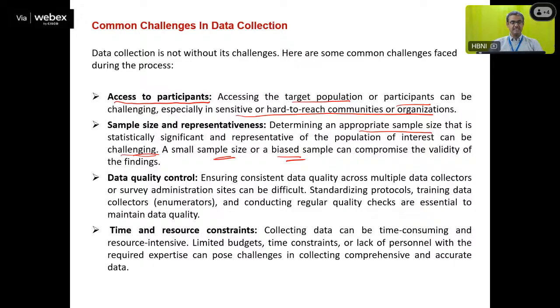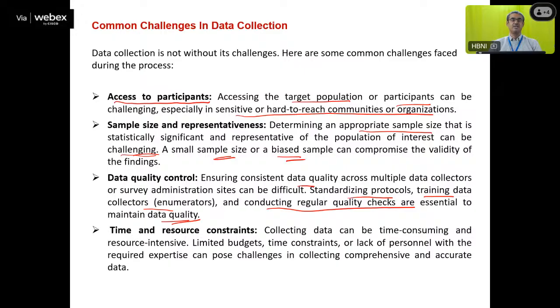Next comes challenges: data quality control. Ensuring consistent data quality across multiple data collectors or survey administrator sites can be difficult. Standardizing protocols, training data collectors, and conducting regular quality checks are essential to maintain data quality. So for sociological research work, these are very important points, right? For data quality control, how will one control the data?